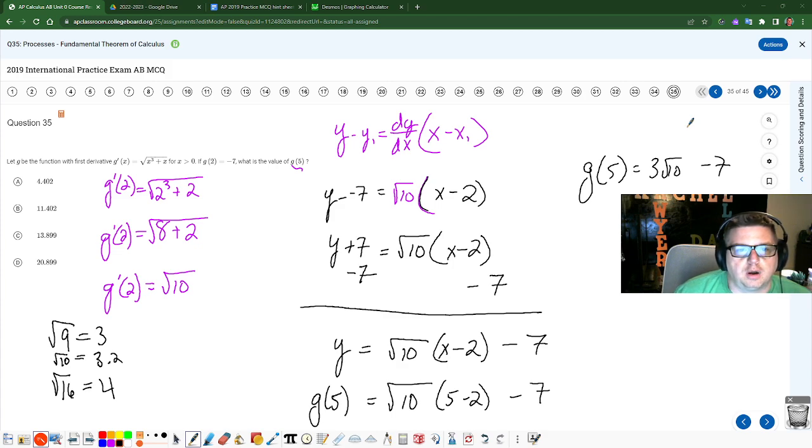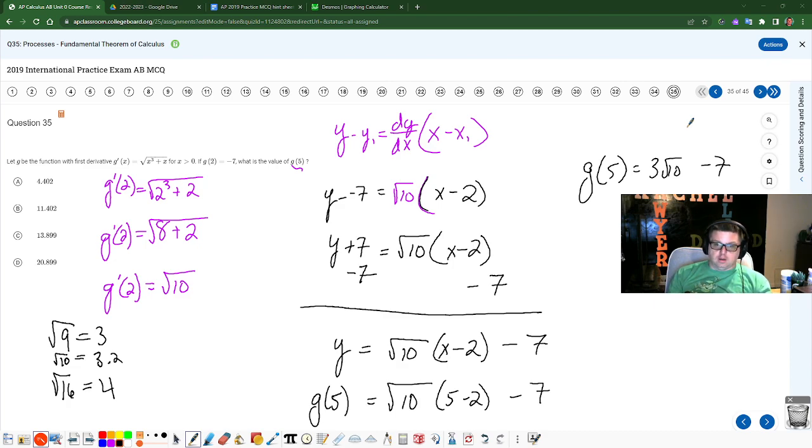I don't see a problem there. We're going to subtract 7 from both sides. Don't see a problem there. Then we did 5, and that's going to give us 3 square root of 10 minus 7. I don't know if I see anything wrong with my math, but I don't think I'm seeing the answer that I need.